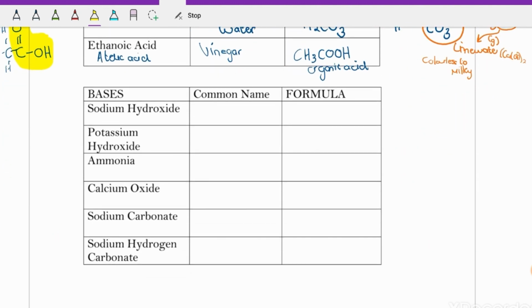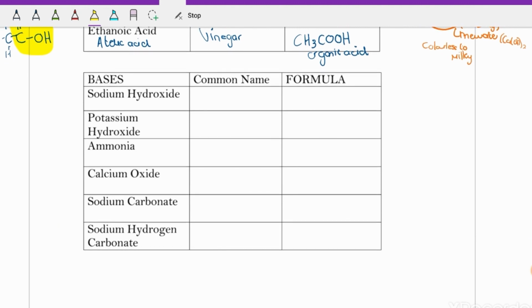If we now move to the common bases, one that we always work with, especially in the lab, is sodium hydroxide. The common name for sodium hydroxide is caustic soda. Sodium is in group 1 in the periodic table, so it has a charge of +1, and hydroxides are just -1.